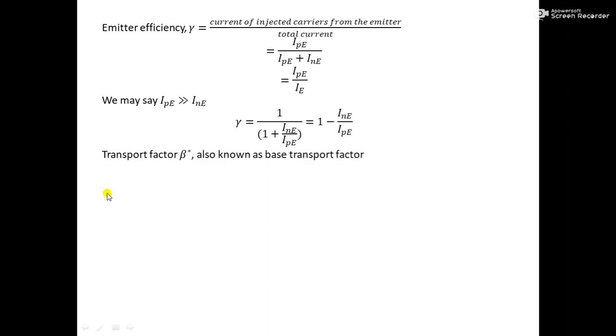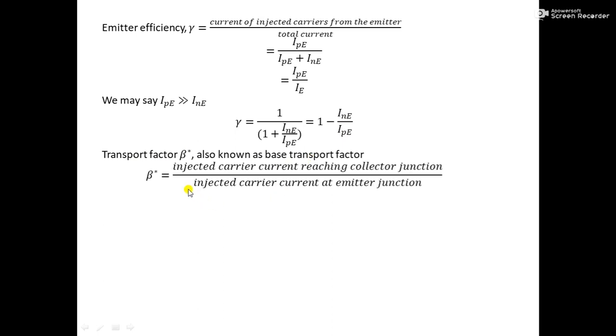The second factor is the transport factor, denoted by beta star and also known as base transport factor. It is defined as the injected carrier current reaching the collector junction divided by the injected carrier current at the emitter junction.